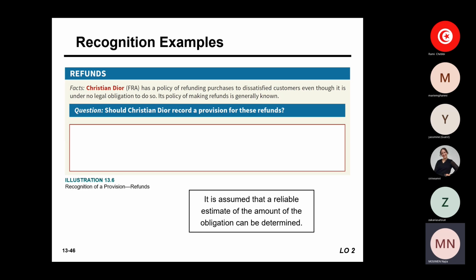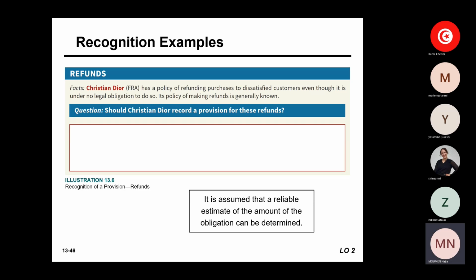Should I record any of these refunds as a provision? After all, I didn't refund yet. Is there a present obligation? Is there a probability to refund or not? And the amount can be reliably estimated, if we assume that a reliable estimate of the amount of the obligation can be determined. What do you think here?